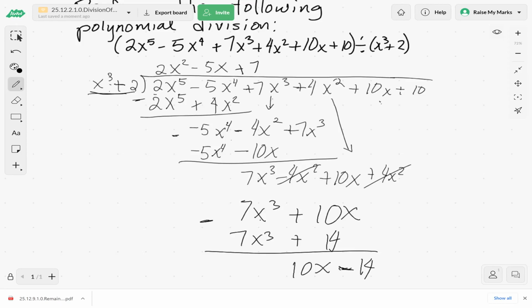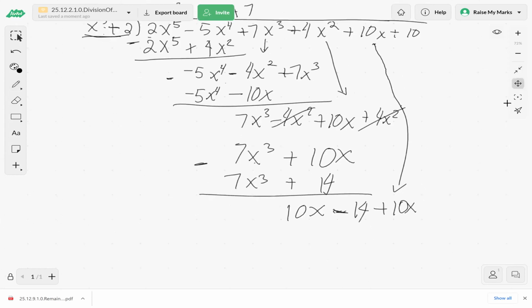Next we're going to bring the 10x down, we get 20x minus 14.